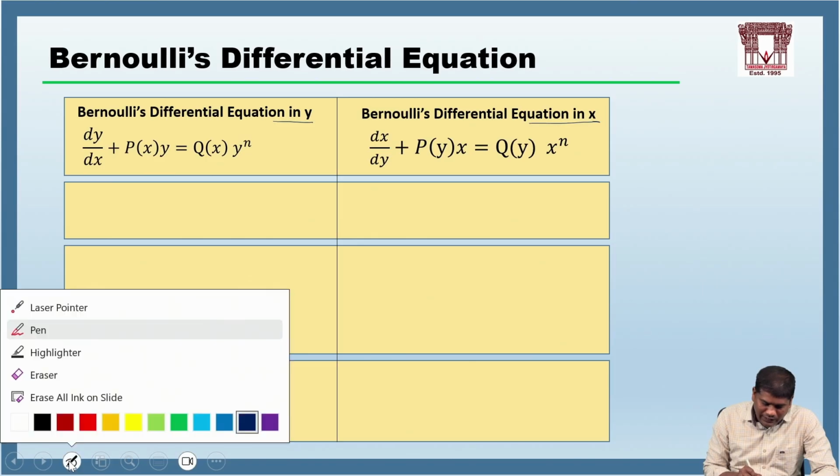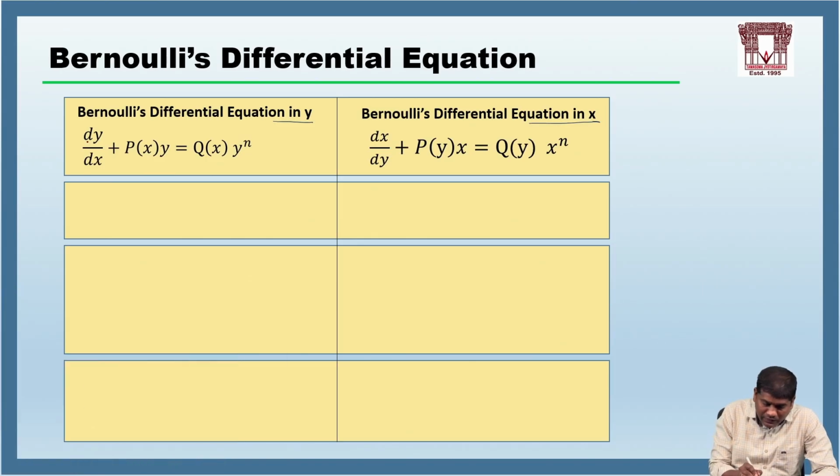Up to this one, it is a linear differential equation. It does not contain y to the power n on the right hand side, then we can say it is a linear differential equation in y. Just the right hand side function q of x multiplied with y to the power n, then we can say that is a Bernoulli's differential equation in y.